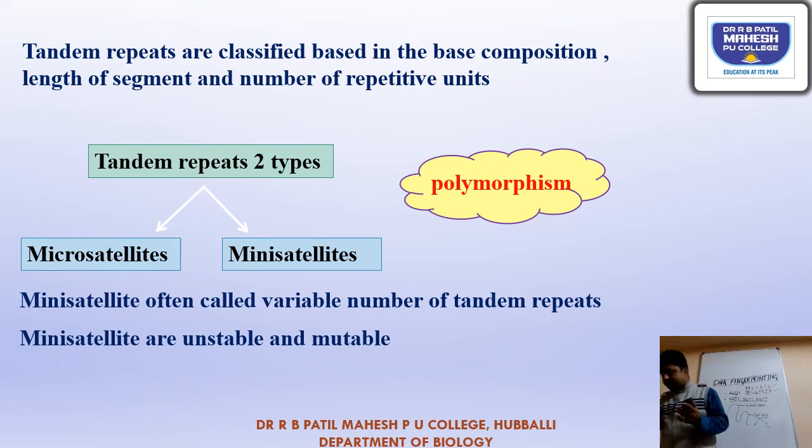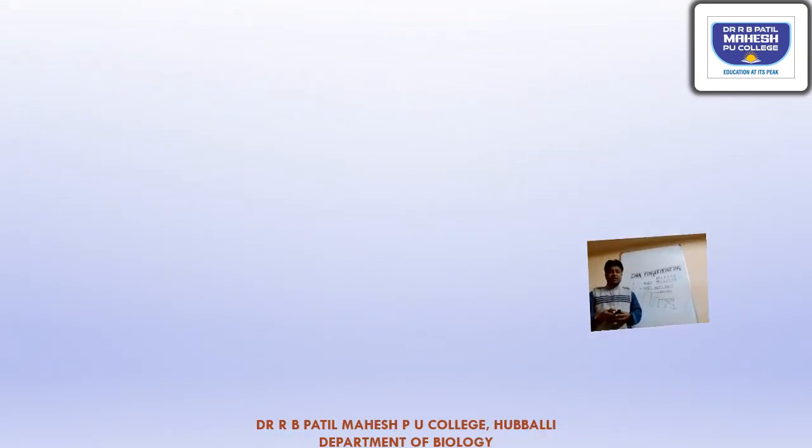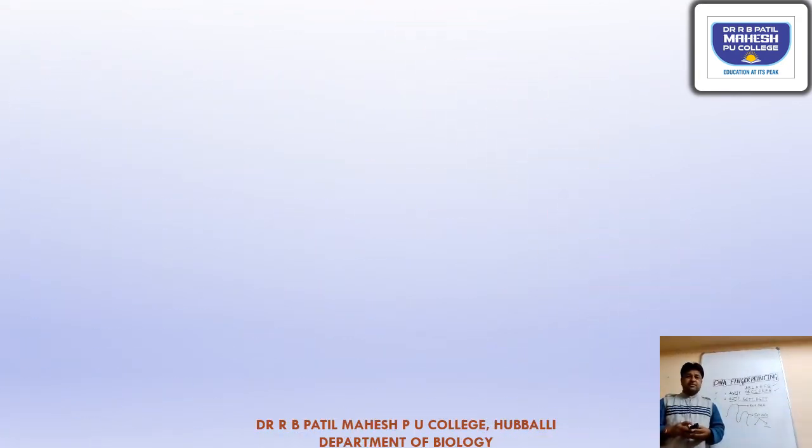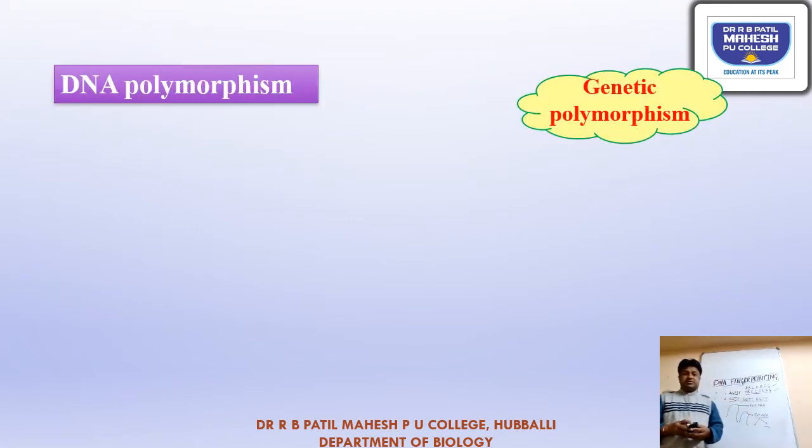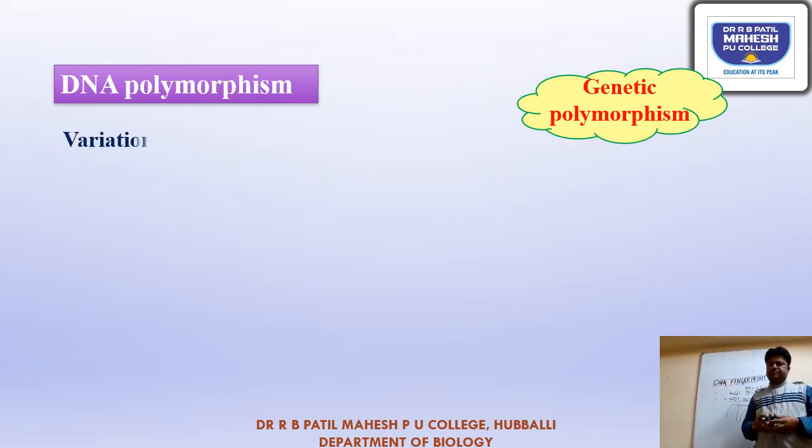If inheritable mutations are observed in a population at higher frequency, it is referred to as DNA polymorphism. So DNA polymorphism, or we commonly call genetic polymorphism.